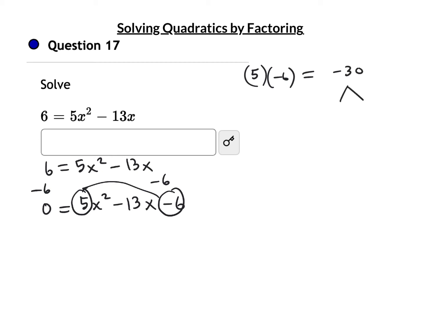I need two numbers that multiply to negative 30, but when you add them, they make the middle term of negative 13. That would be negative 15 and positive 2. Negative 15 times 2 is negative 30. Negative 15 plus 2 is negative 13. I'll use that information to rewrite the middle term and then use factoring by grouping.